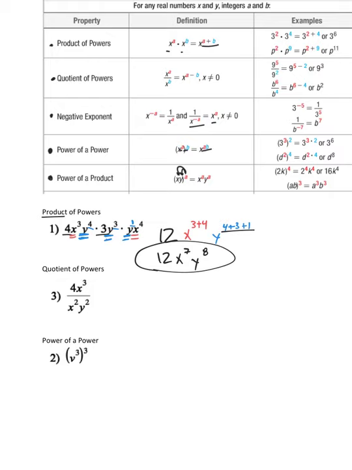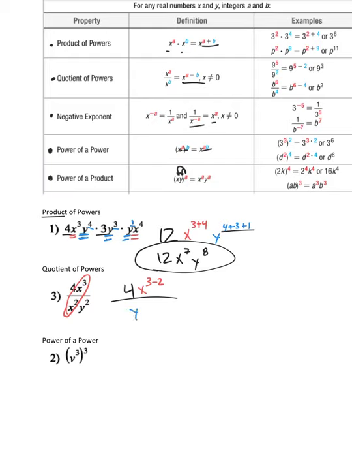Quotient of powers here. Remember, you're going to subtract the exponents when they have the same base. So, guys, here we'll notice we're going to have 4 over something, because the terms that have the same bases, those are our x's here. So that becomes x to the, subtracting the exponents, 3 minus 2.